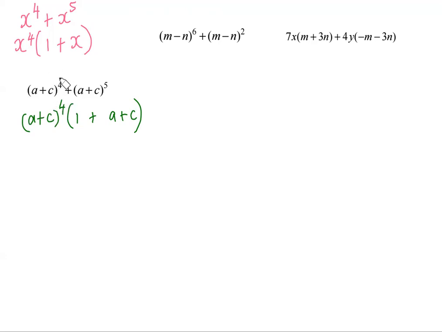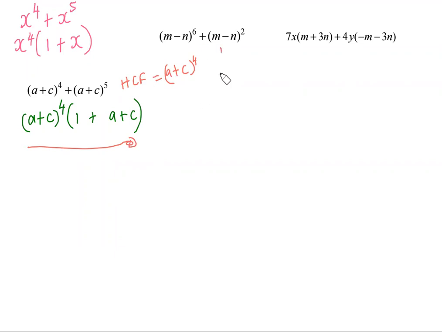We are taking the lowest order of a plus c, which is the power of 4. When we take it out as a highest common factor, we are going to be left with 1 there. So the highest common factor is a plus c to the power of 4. So our final answer will be this.